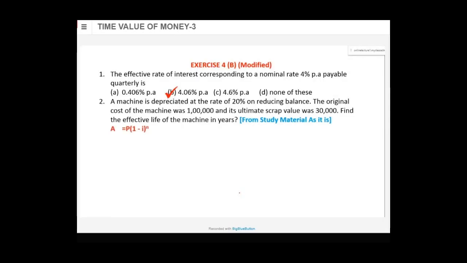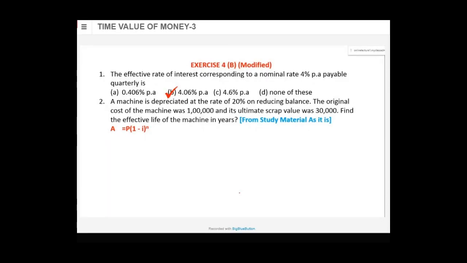Here there is a formula. This A is the accumulated amount, the amount at the end. How much amount will be there at the end? Scrap value is the end value. I'm explaining here, scrap value is the end value. So it is 30,000. P is the cost, which is 1 lakh. 1 minus i, where i is 20%, that is 0.2.